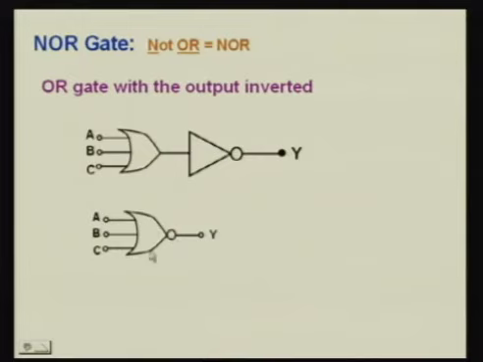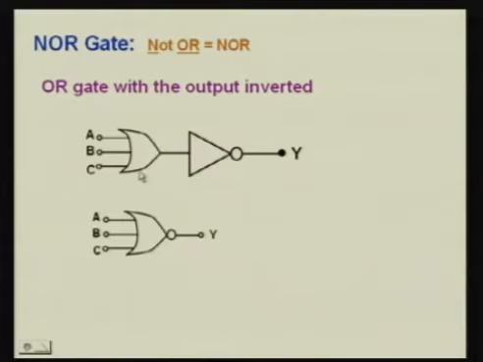So we have an OR gate, and the output of the OR gate is going through this bubbled structure, so the output will be inverted. If we put this bubbled structure, this circle, here at C, this means that C will be inverted at the input of the OR gate.